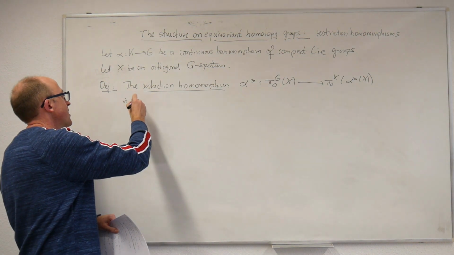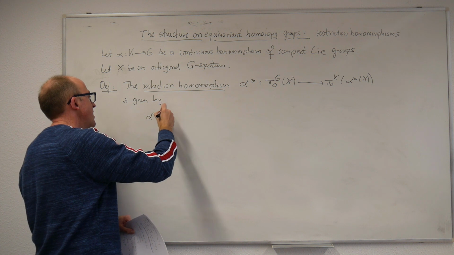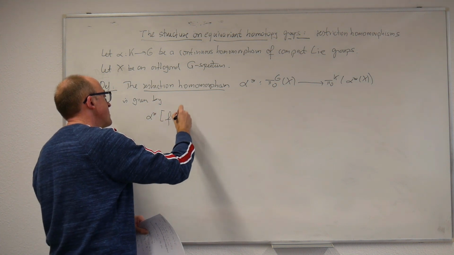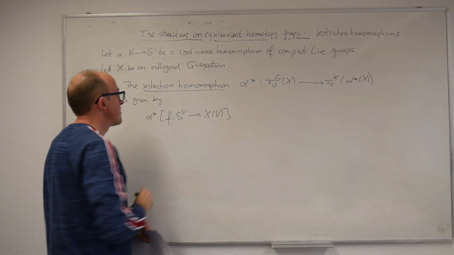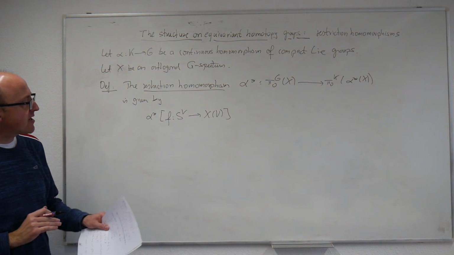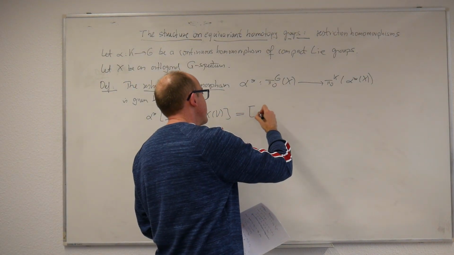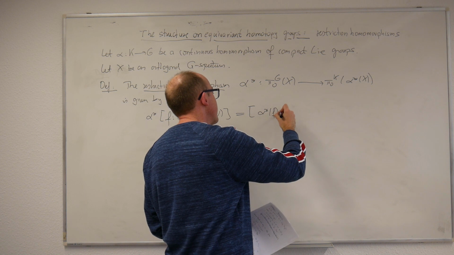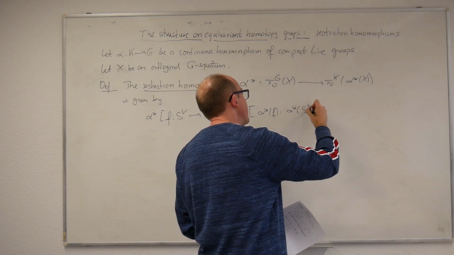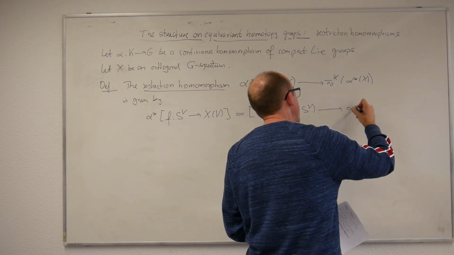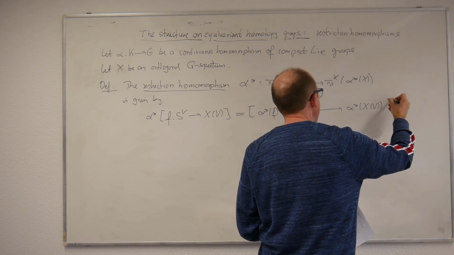And this is given by the following recipe: alpha upper star applied to a class that's represented by a G-map f from S^V to X(V), where V is some G representation. I define this as the class of alpha upper star of f, which on the face of it goes from alpha upper star of S^V to alpha upper star of X at V, and it's a K-equivariant map.